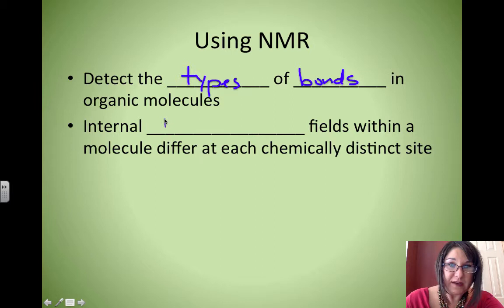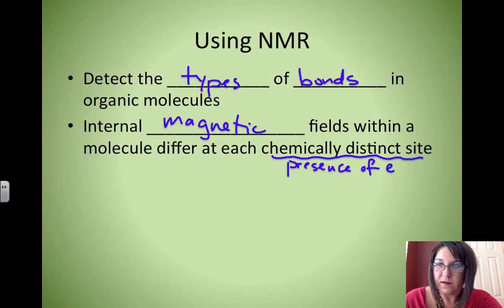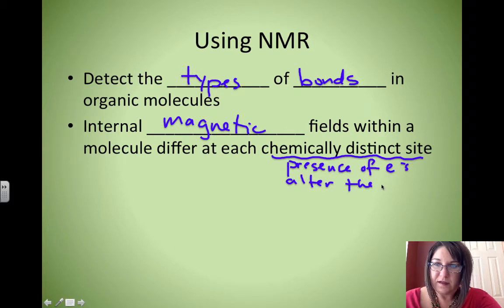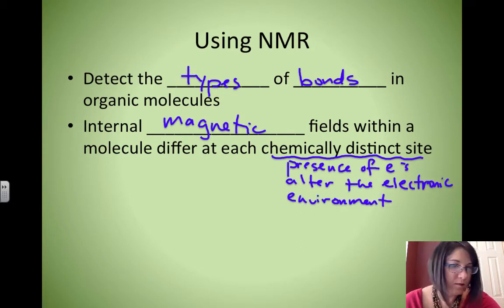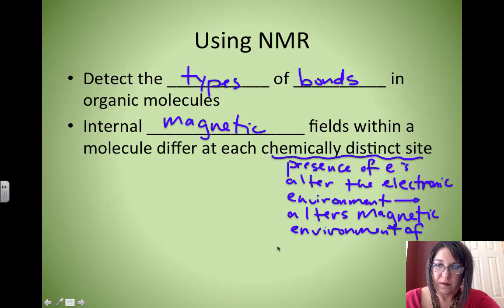The internal magnetic fields at a molecule differ at each chemically distinct site. And by chemically distinct, we mean that the presence of electrons is going to alter the electronic environment, which then subsequently alters the magnetic environment of the nuclei.